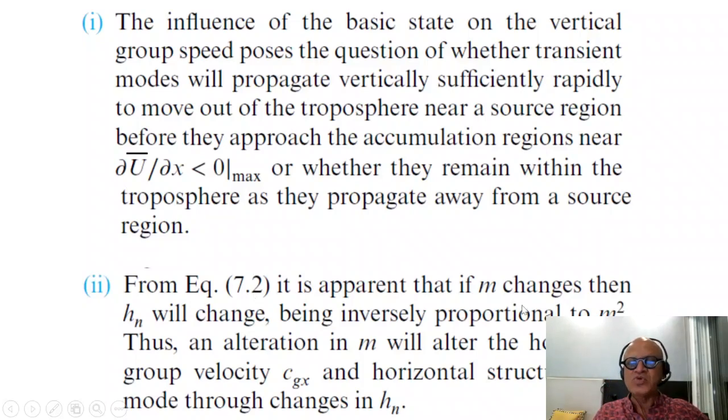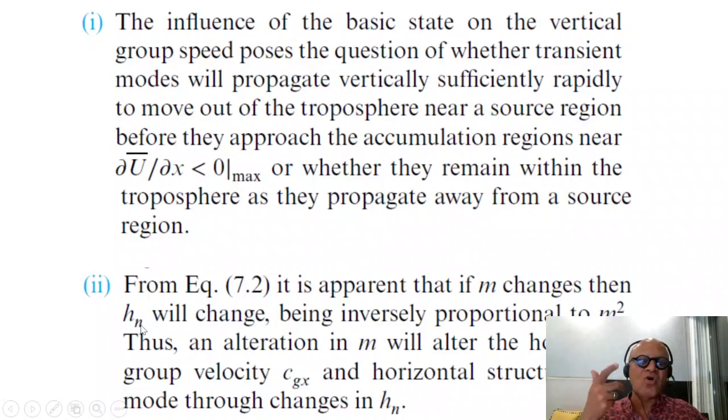Equation 7.2, it's apparent that if m changes, then hn will change because m was proportional to 1 over square root of hn, being inversely proportional to m squared. So hn is proportional to m squared. Thus an alteration in m will alter the horizontal group velocity cgx because hn affects group velocity and horizontal structure of a mode through changes in hn.